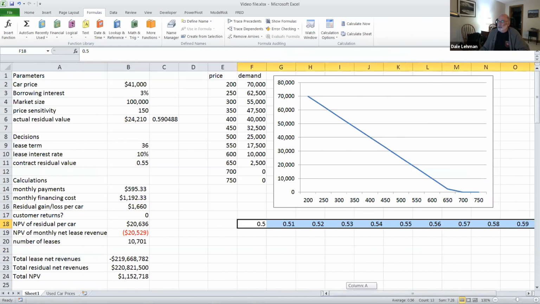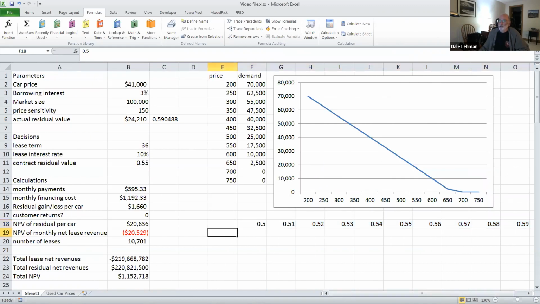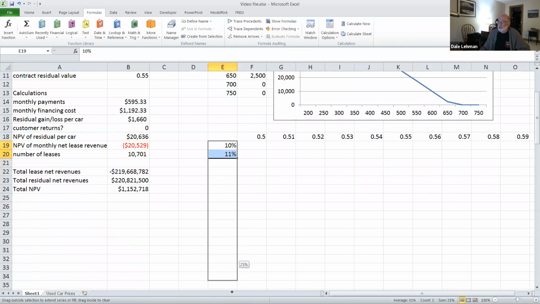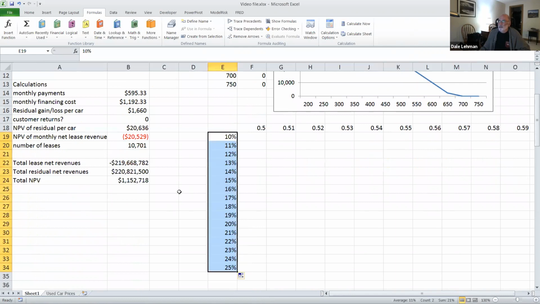And then in a column here, I'm going to put different interest rates. We could charge 10%, 11%, and let's look at interest rates up to like 25%. Here's the final result, the net present value. Just point to cell B24.